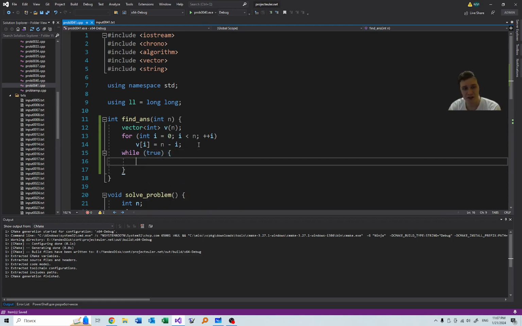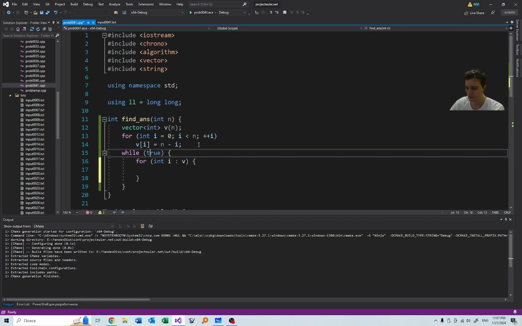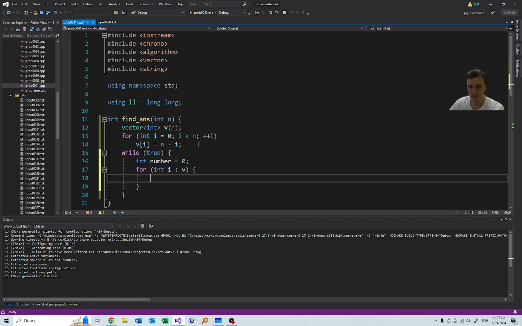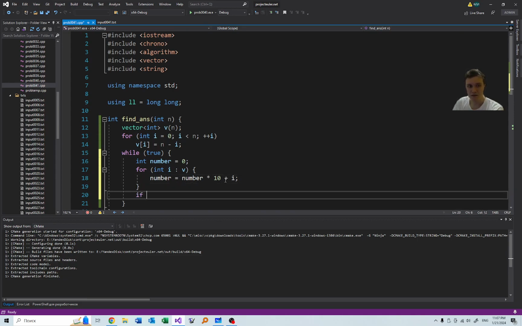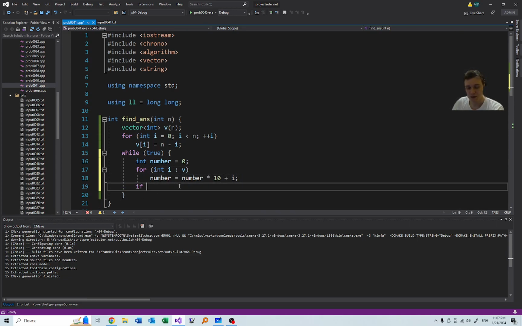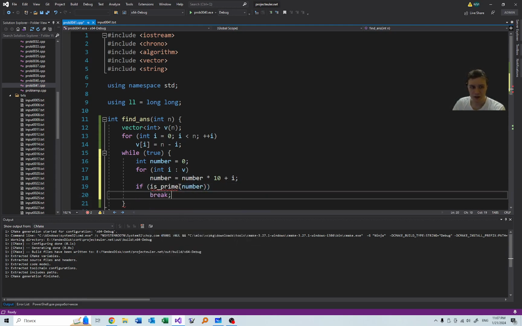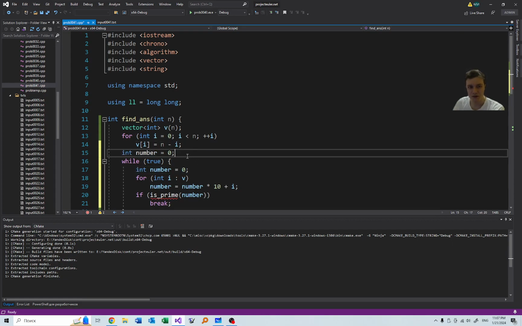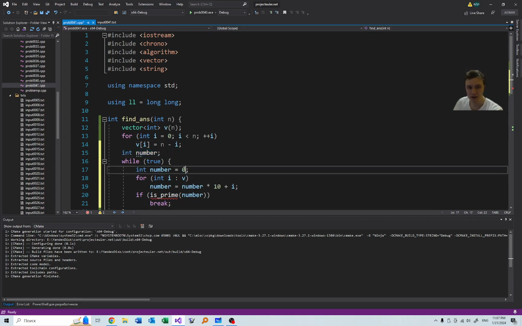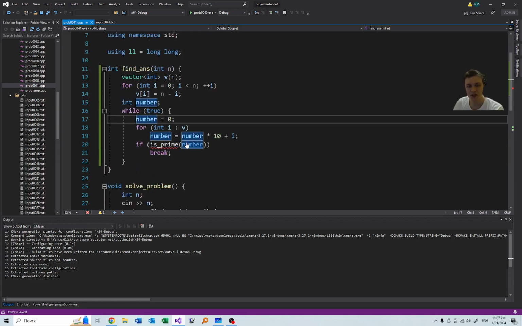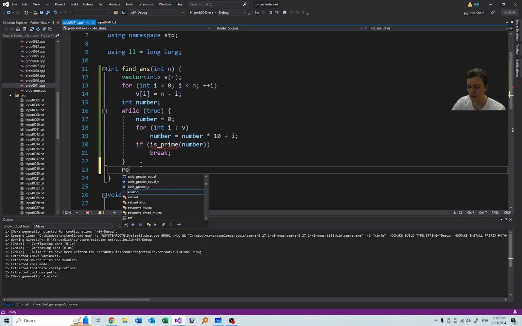So we calculate this number. So what do we do? We just say that number equals number times 10 plus I. And if it is prime number, then we break. Actually, instead of this, we could do like this and like this. So we break if it is prime, then we return this number.